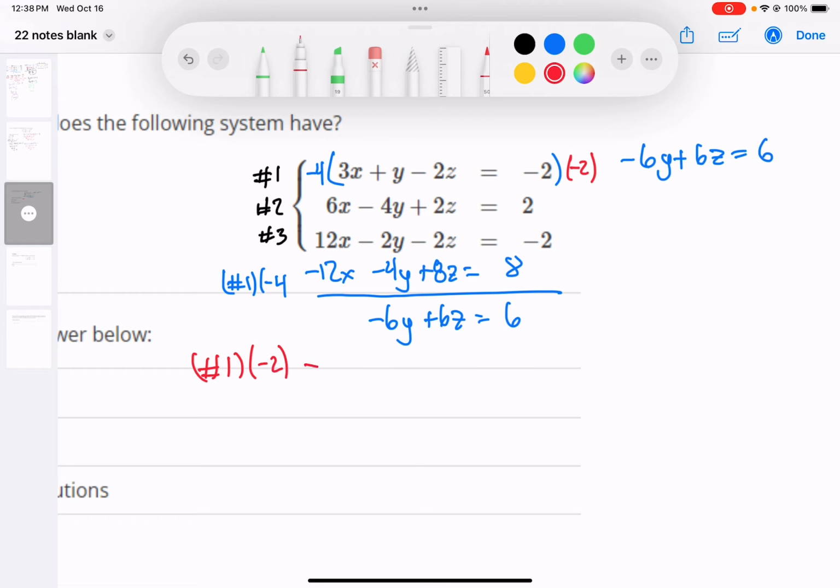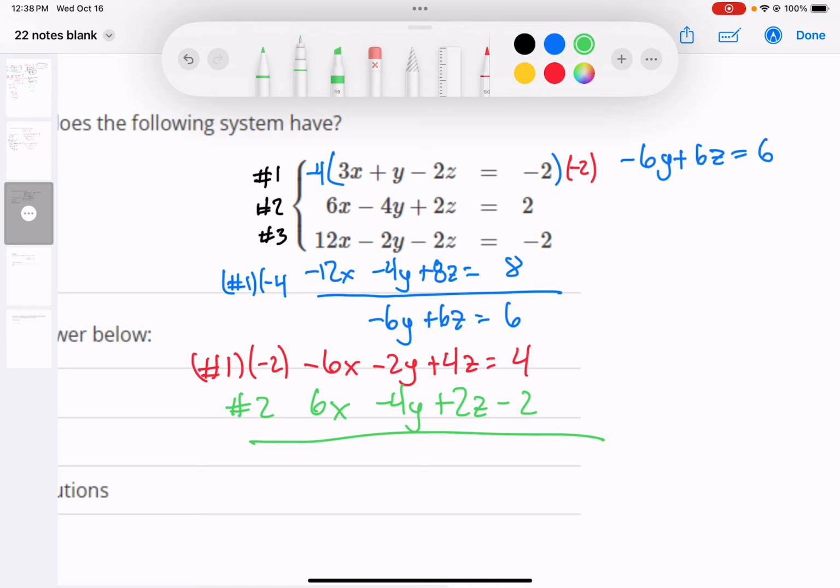So that's going to give me a -6x minus 2y plus 4z equals 4. And then I'm going to use just number 2, which is right here, which is 6x minus 4y plus 2z equals 2. And when I combine them, I'm going to get -6y plus 6z equals 2.